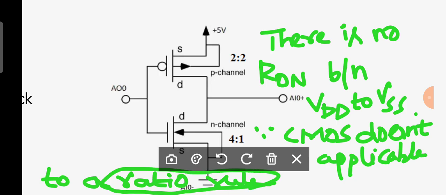This is an important point you have to write. There is no on resistance between VDD to VSS. Is it okay? This is the answer for the question.